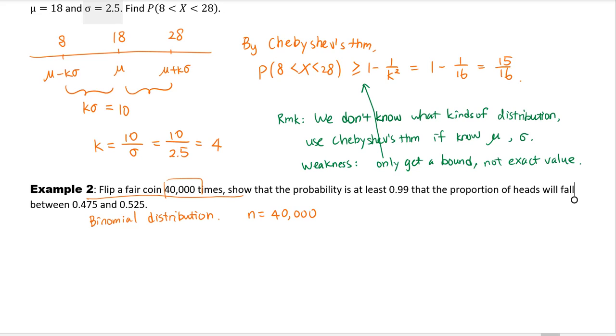Okay, so let's continue. So show the probability is at least 0.99. The proportion, okay. So we want to know. So let x be the number of heads, right?